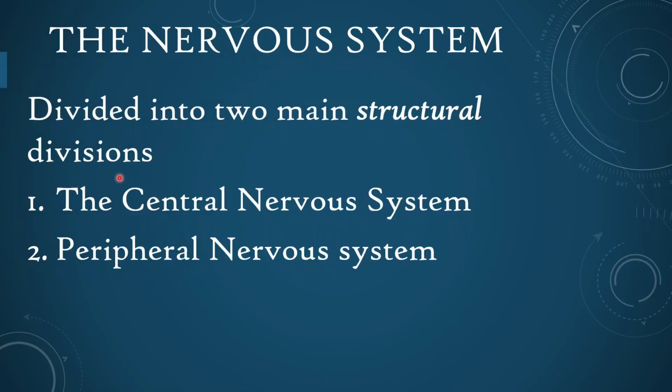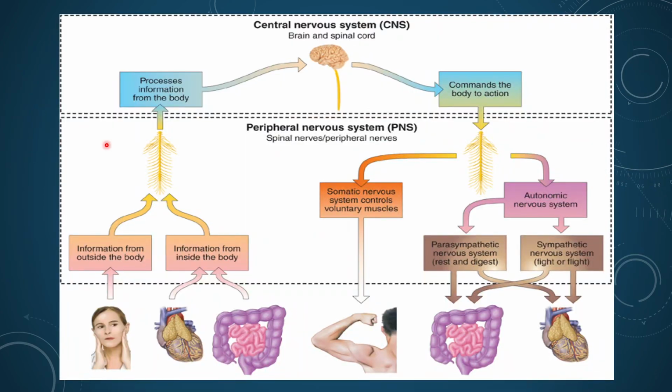All right, so remember it divides into the CNS and the PNS. Right, so the central nervous system consists of the brain and the spinal cord. The PNS consists of everything else. You have the somatic nervous system that regulates activities over which a person has voluntary control: walking, talking, riding.